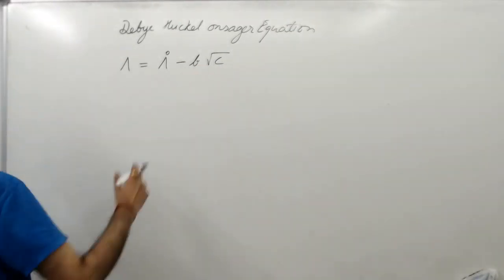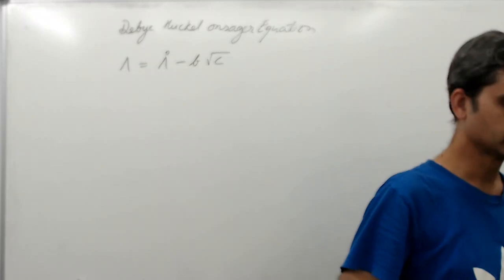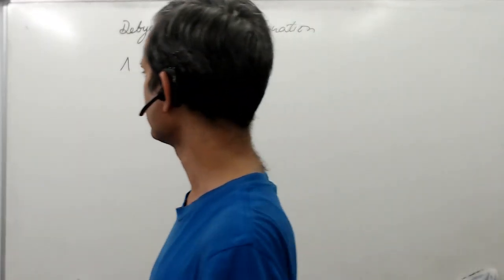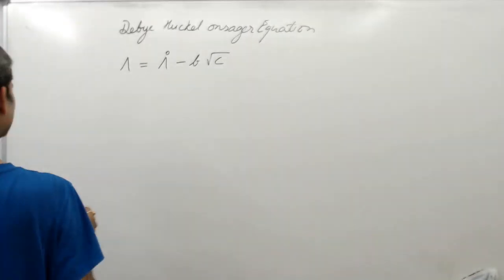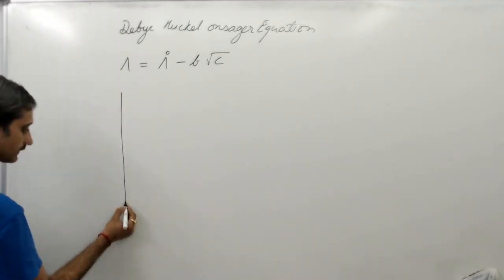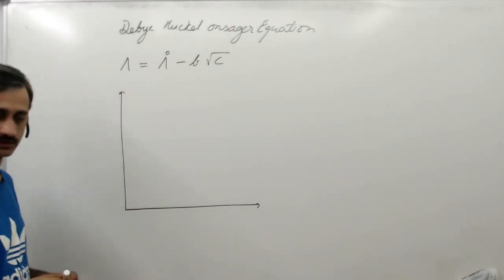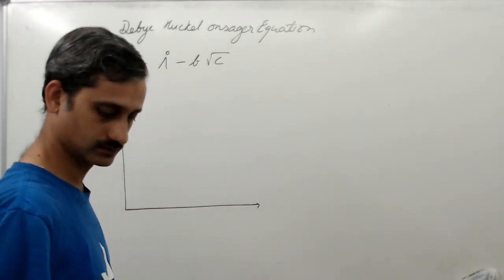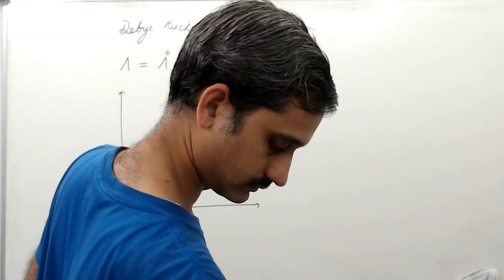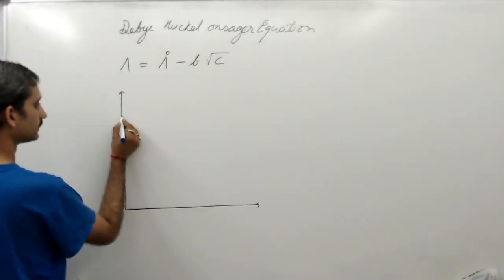Here if we talk about it, we find that the molar conductance of a strong electrolyte would go as a straight line having a slightly negative slope. So the slope would be like, it goes like this.